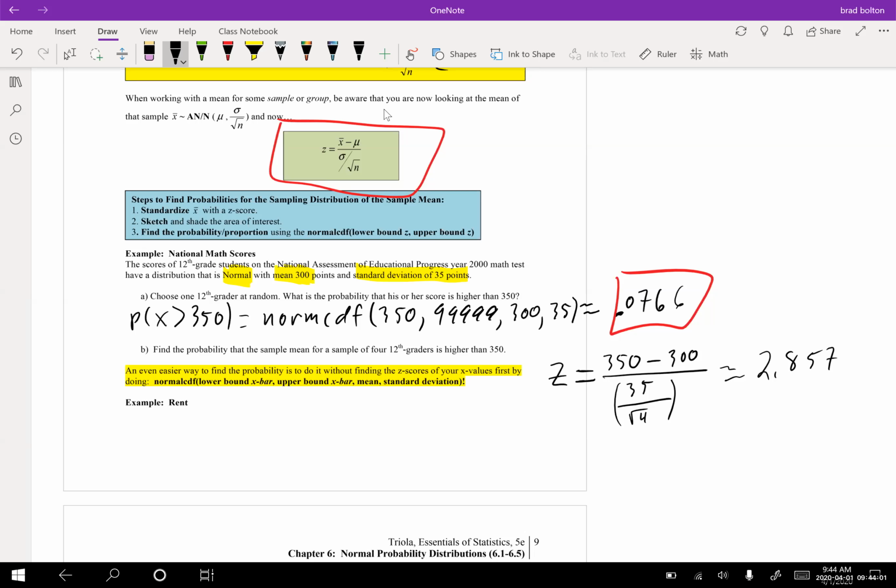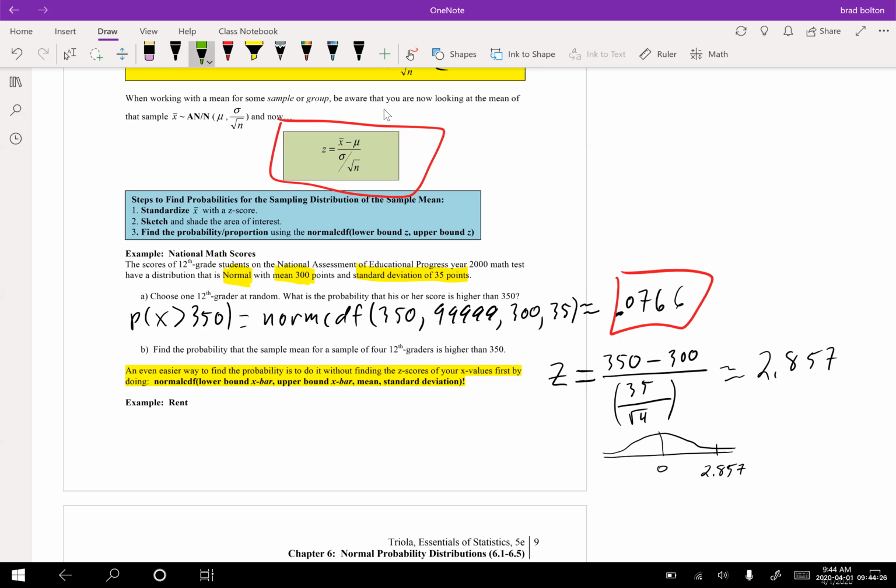So I get 2.857 for my z-score. So again, remember what we're doing here. We're doing our normal curve, right? And that means here's 0, and then 2.857 is way over here. Okay? Now keep in mind, we already kind of know, and they want to know the shading.